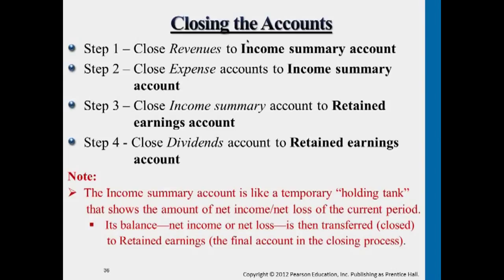By doing this, income summary is just an account temporarily holding all this information for the purpose of closing out revenue, closing out expenses, and closing out dividends. At the end, everything falls into the retained earnings account. And this disappears, this is being zeroed out, this is also being zeroed out. Everything goes into retained earnings.